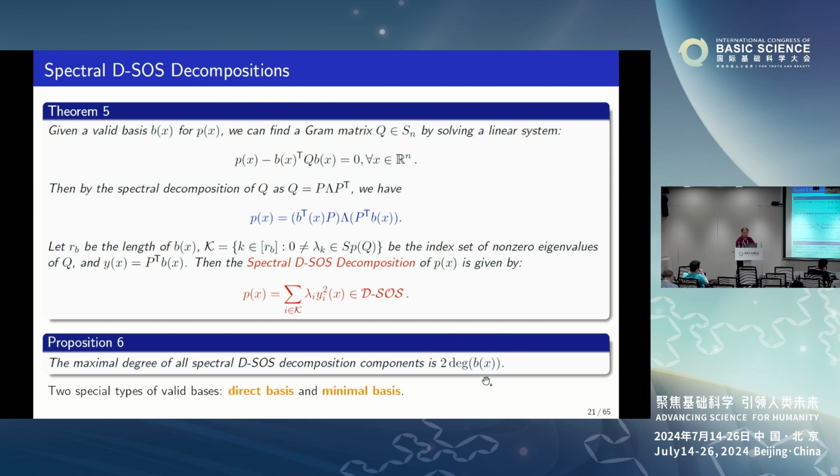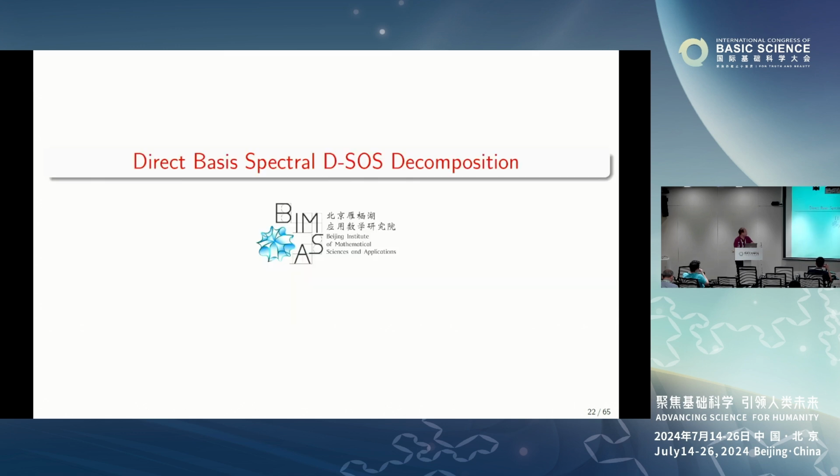First, how to find a valid basis. Second, how to make the degree as small as possible. So here are two trivial decompositions, called direct basis decomposition and minimal basis. Direct basis is easy, but the degree is not optimal. Minimal basis is the optimal degree decomposition.